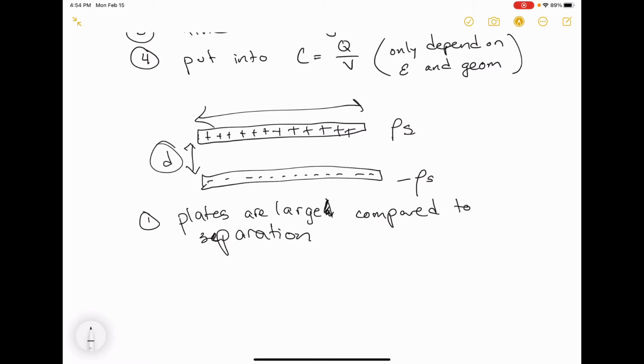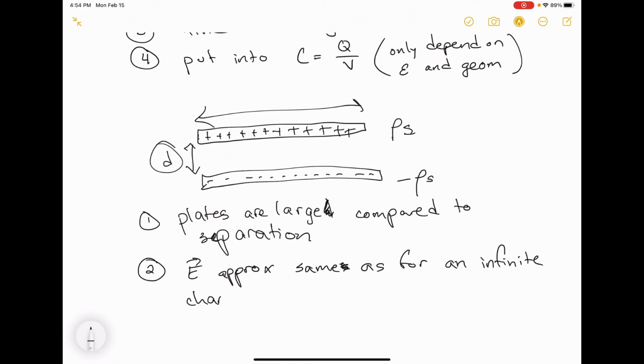When that's true, you can say that the electric field between the plates is approximately the same as for an infinite charged sheet. And it's approximately 0 outside.